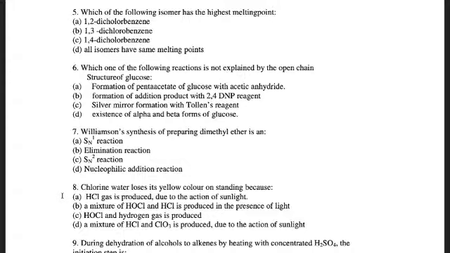Option D. A mixture of HCl and HClO3 is produced due to the action of sunlight. Correct. The answer is option B. A mixture of HOCl and HCl is produced in the presence of sunlight. The reaction is Cl2(g) + H2O(l) gives HCl(aq) + HOCl(aq).